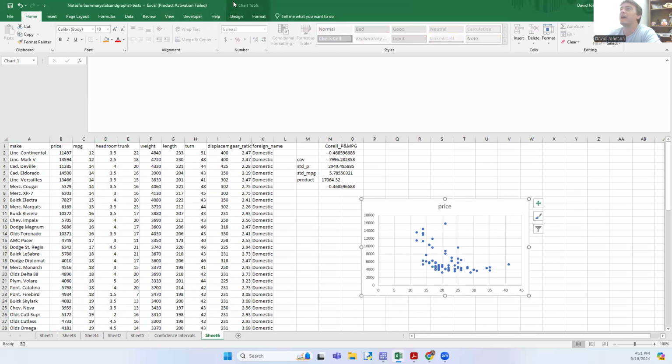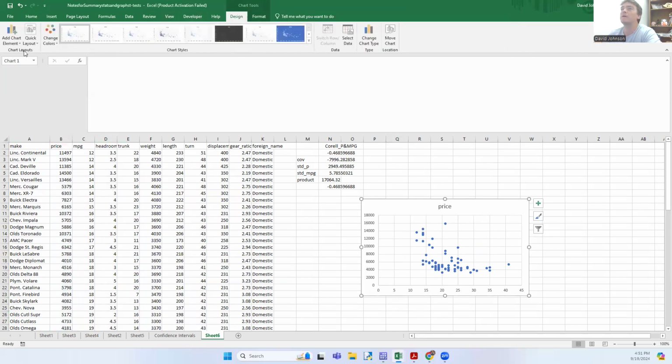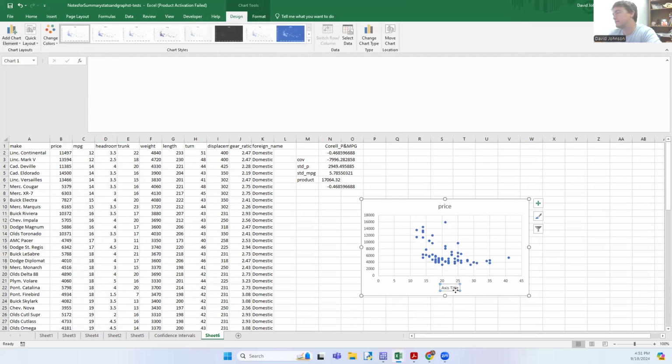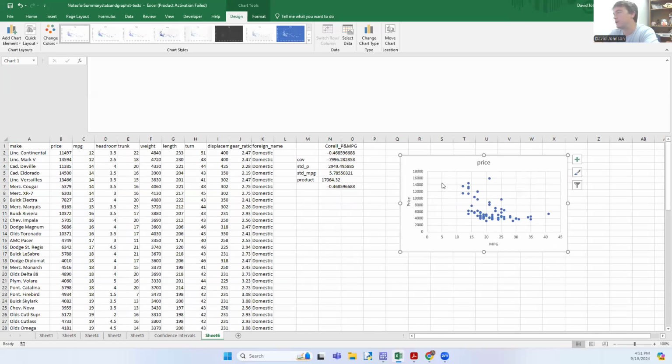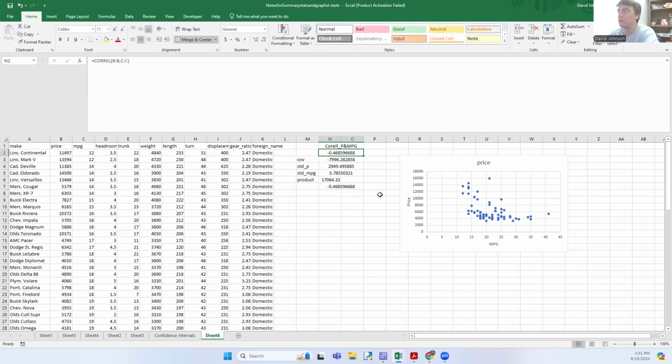Let's go ahead and add in our chart elements. This is MPG, and this right here is going to be price. All right, and so what we see here is, again, we have a nice negative relationship, which makes sense because of this negative correlation.